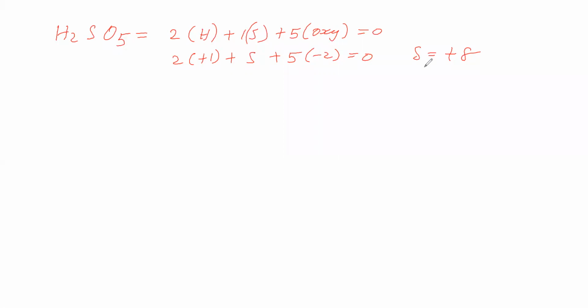Sulfur comes under the 6A group, so its maximum oxidation number is +6. But here, by our calculation, not by experiment, it is +8.